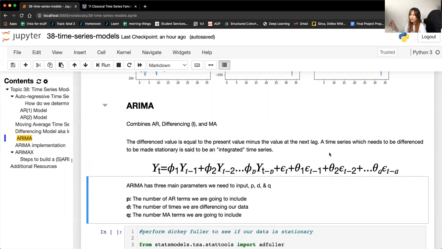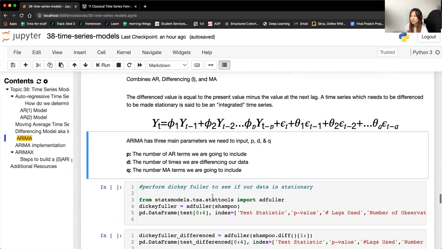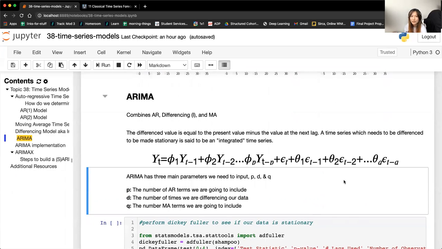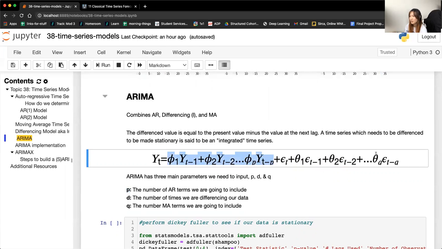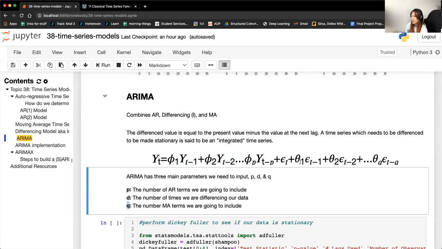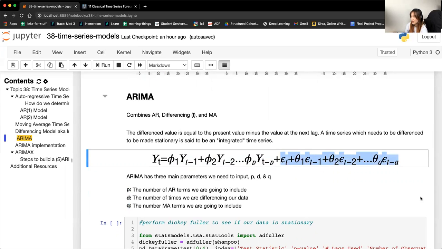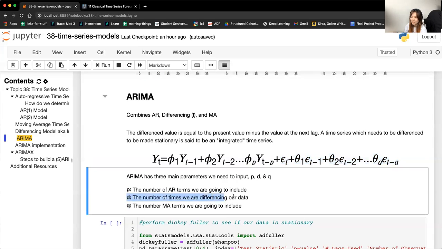The number of terms we include in our linear model changes as we change the order in our ARIMA. For example, the number you put for P will be the number of terms you have here, and the number you put for Q is the number of terms you put in here. And D is something you figure out as you test different differencing orders. Questions so far?